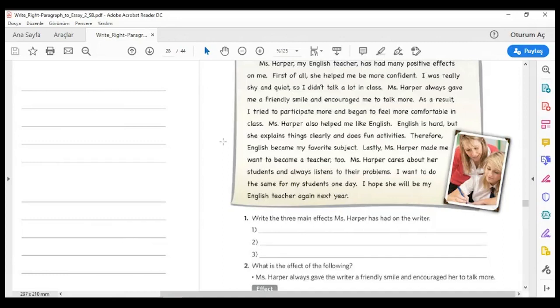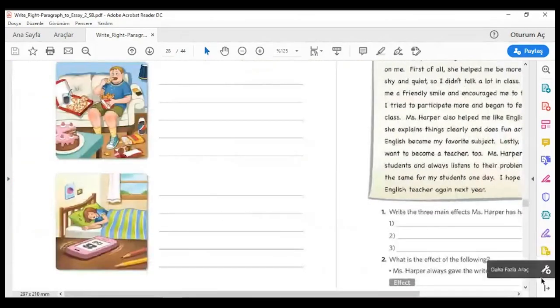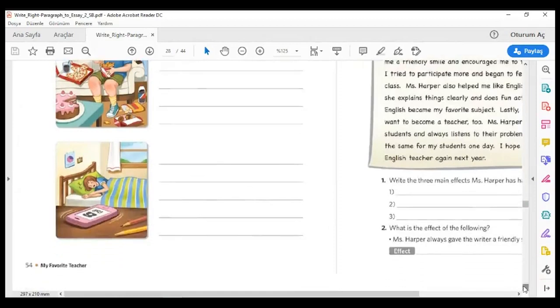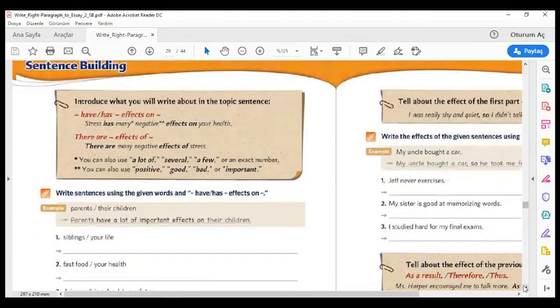Okay, so now we are moving on to page 56. Now, our ultimate goal for this unit, like with all the other units, is that you will be expected to write a paragraph. In the case of this unit, it will be about the effects that something or someone has had on you.